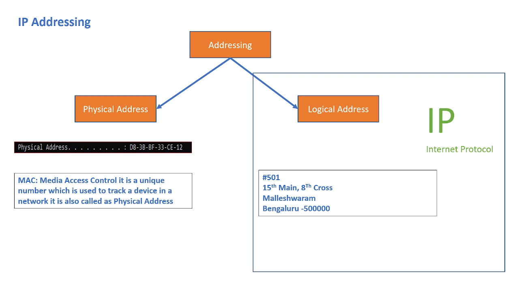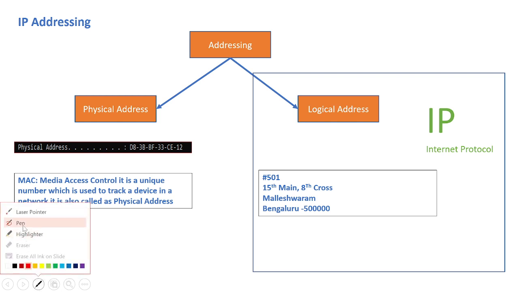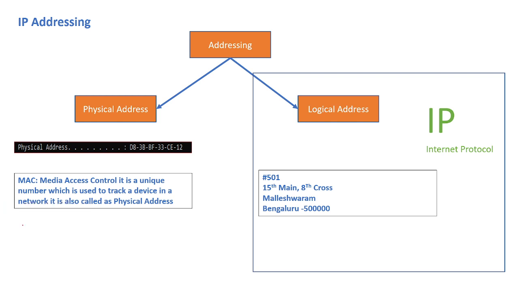If you have one single network interface card, you will only have one physical address. It's a combination of numbers and alphabets, about 12 digits in length.